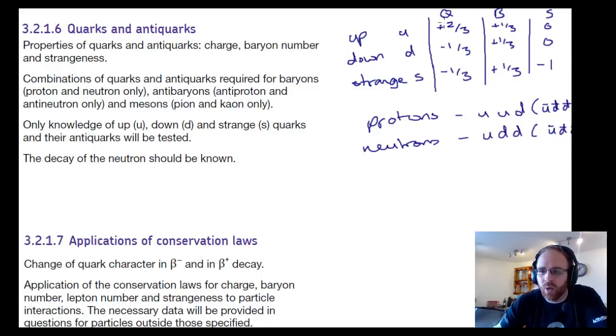So if you flip all of the charges, so up will become -2/3, and that will become, that's wrong. I'll just change this one a second to an anti-up. So -2/3, -2/3, +1/3 equals -1, and +2/3, +2/3, -1/3 equals 1. That gives us our charges.